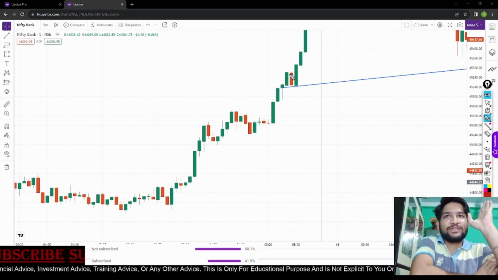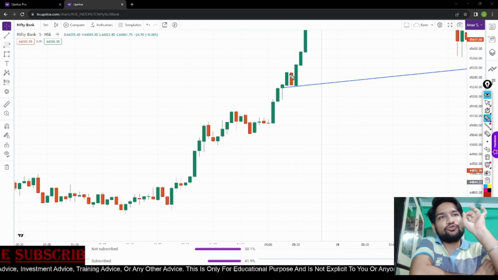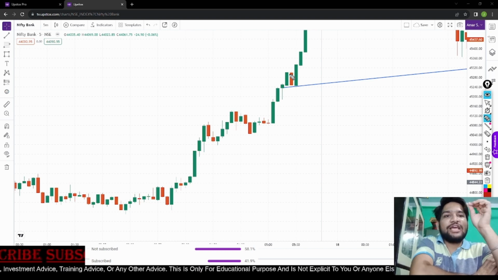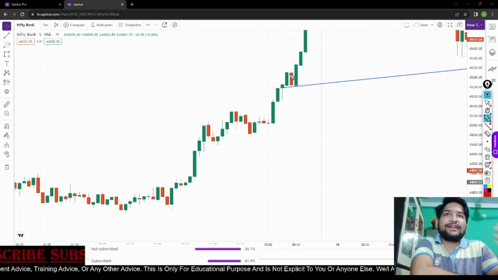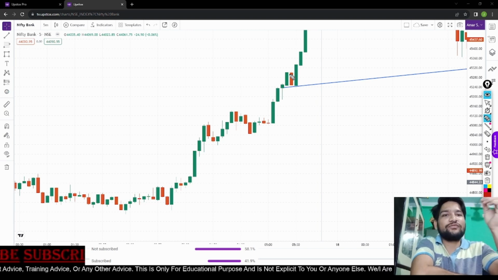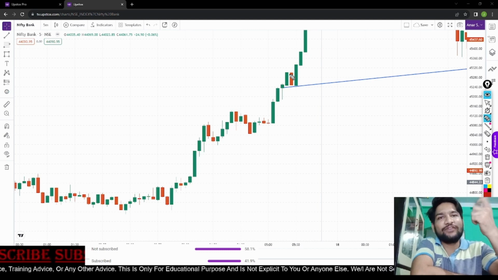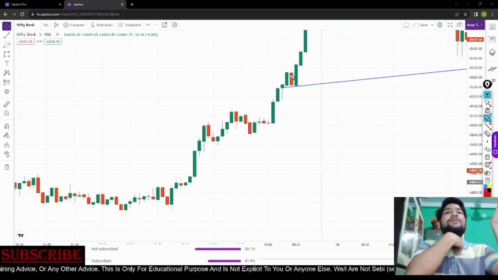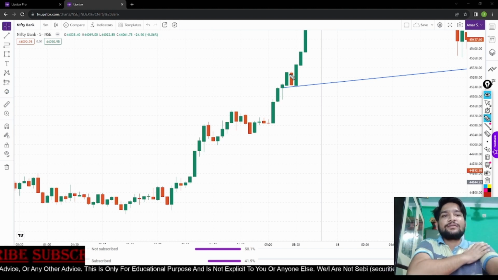This simply means this: if we take 10 trades, right, and we have a risk reward ratio of 1:2, for example, if we took a trade and we have a stop loss of 10 points, then we expect the market to give us 20 points in favor, right? For our 10 points of stop loss, we want 20 points from the market, and as soon as the market gives us 20 points, we will move out.